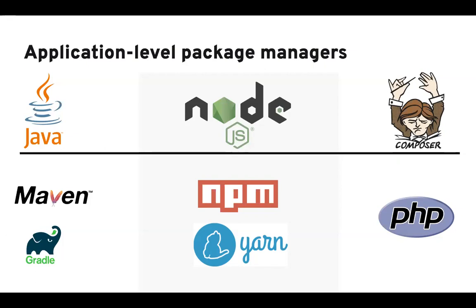So we can't achieve a unified DevOps workflow if we don't take each language's needs into consideration, and those needs usually come best served from tools such as Maven or Gradle if you're launching Java applications, or NPM or Yarn for Node.js. Of course, PHP has Composer.